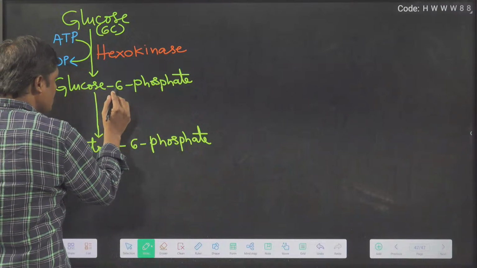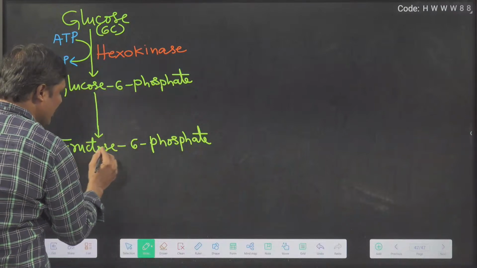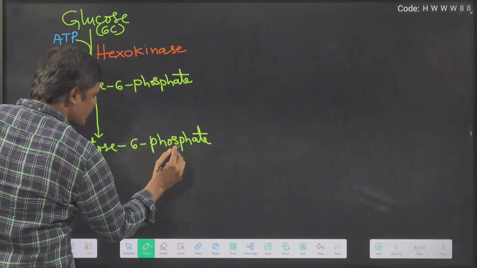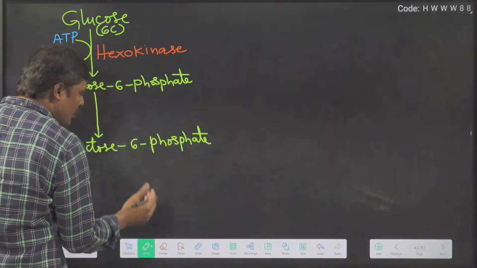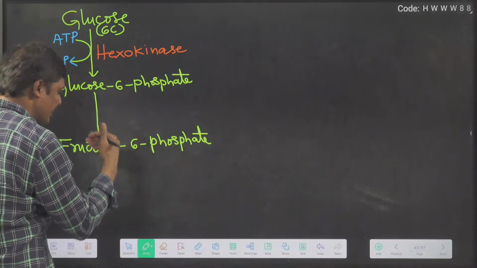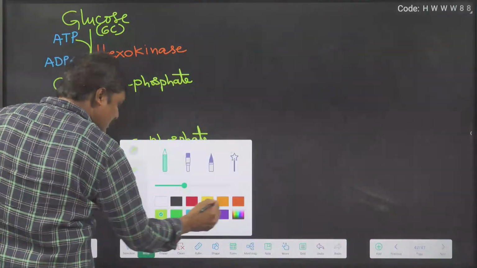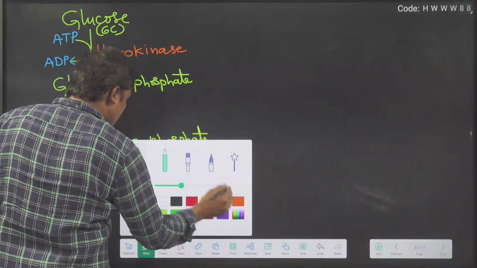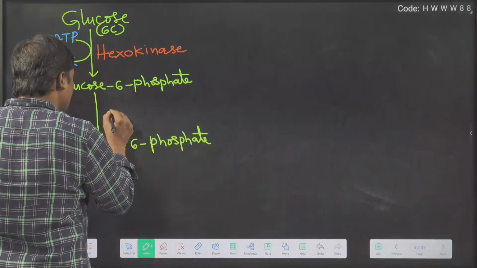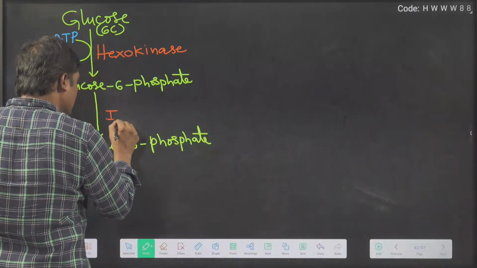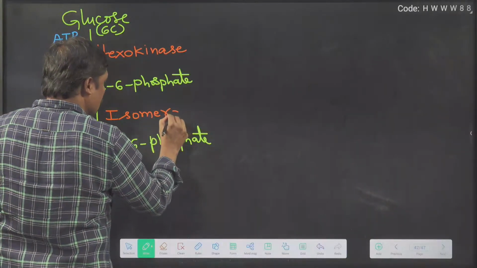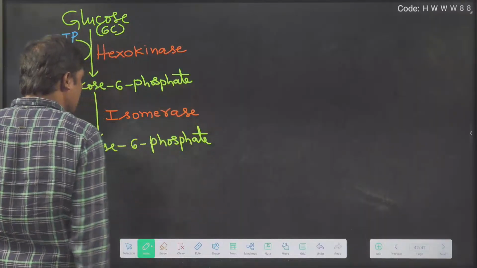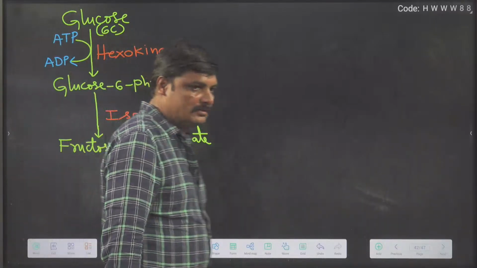Now glucose 6-phosphate is isomerized into fructose 6-phosphate. This reaction is called an isomerization reaction, and it is catalyzed by an enzyme called phosphohexose isomerase. Simply, I am writing it as isomerase.